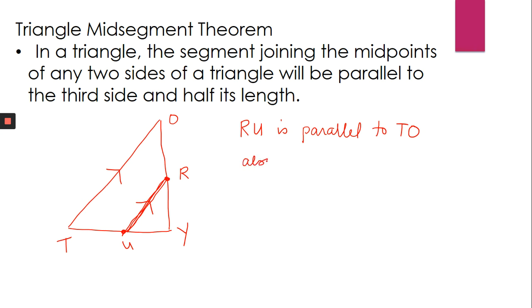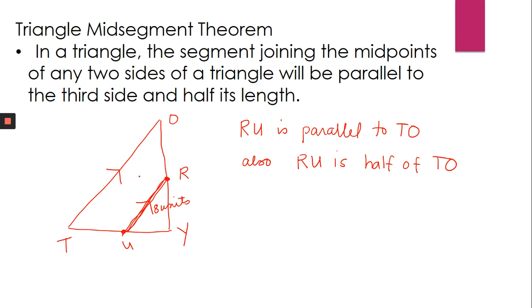Also, RU is half of TO. So it's always half the measure of TO. Now if this is half of TO and RU measures, let's say, 8 units, what will be the measure of TO?